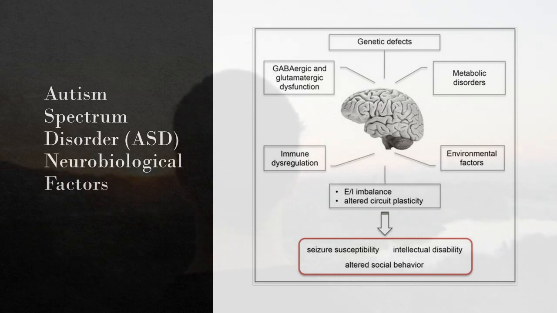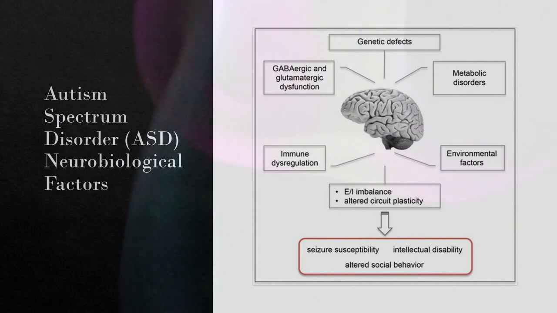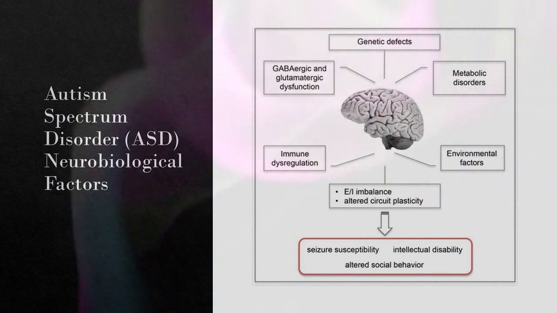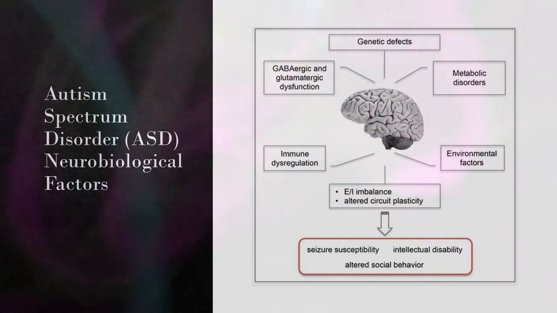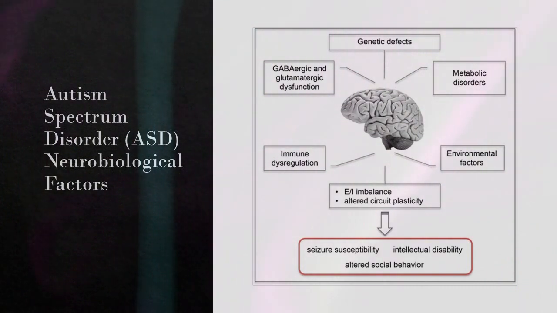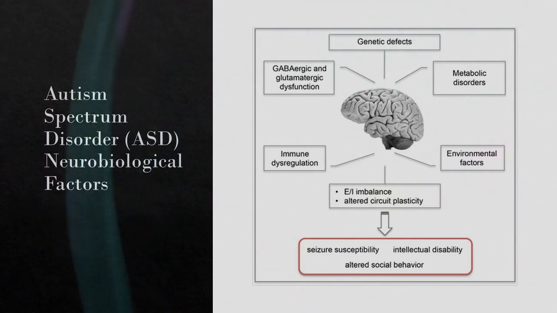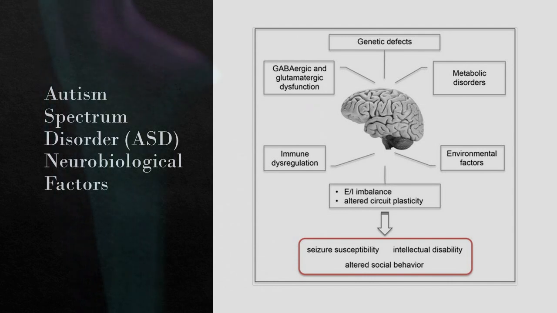Research consistently shows a strong genetic component to the source, the cause, the foundation of the etiology of autism spectrum disorder. So twin and family studies suggest a higher concordance rate for autism spectrum disorder among identical twins compared to fraternal twins. And so this emphasizes the genetic contribution to the disorder.